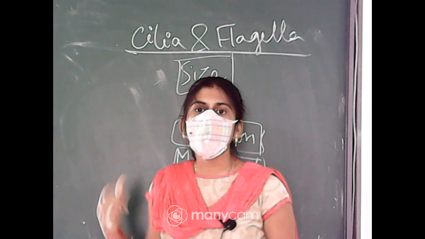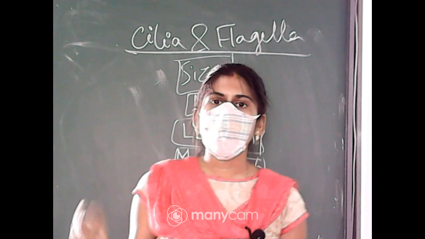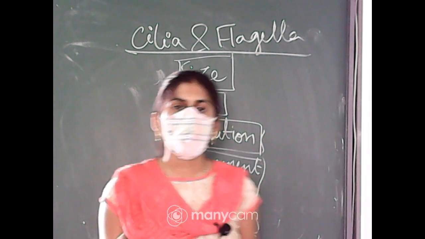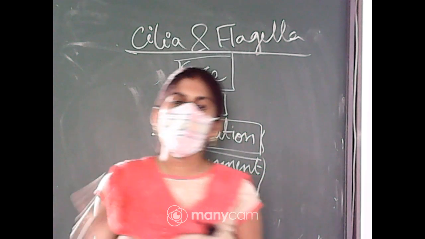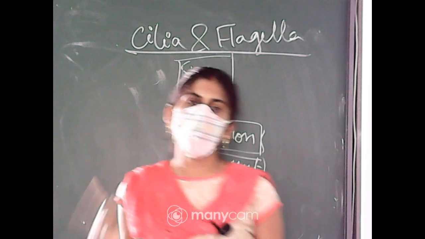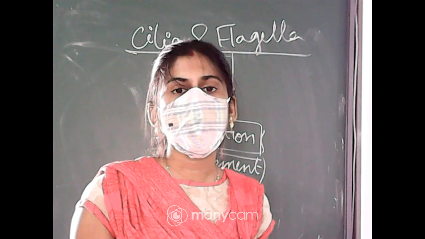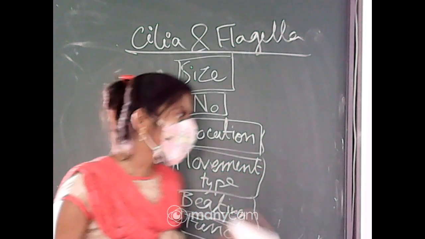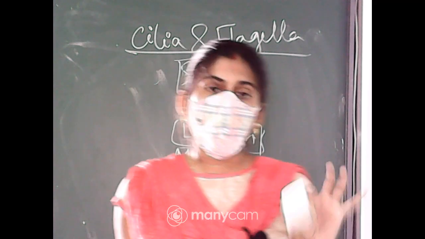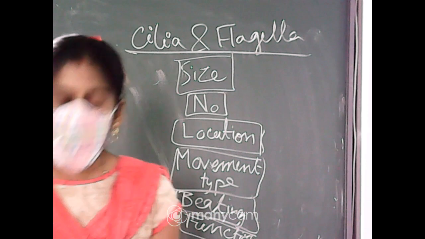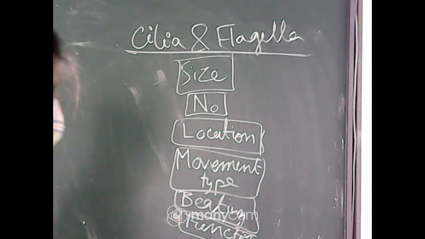Next, I will discuss the ultrastructure or electron microscopic structure of cilia and flagella. There we get an arrangement called the 9+2 arrangement, and this type of arrangement can be found in the flagella of eukaryotes, and cannot be found in the flagella of prokaryotes.